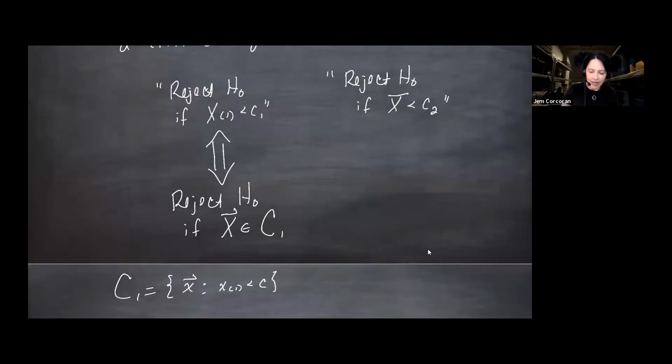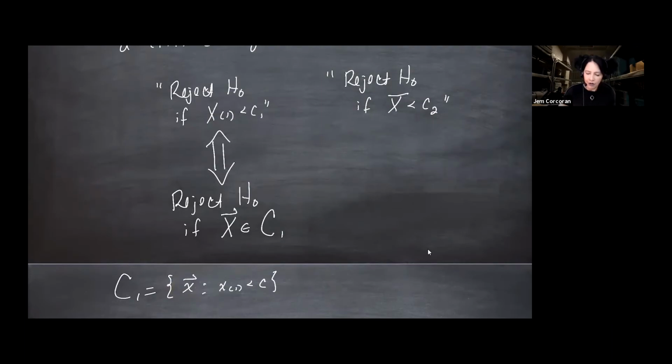So I'm taking our rejection rule, which usually looks like one statistic and its relationship to some number, and representing it as a subspace of n-dimensional space.